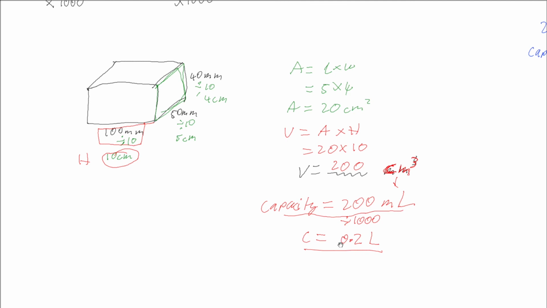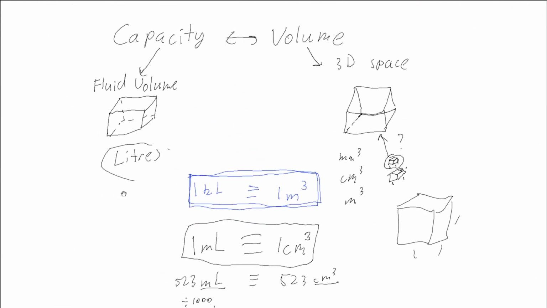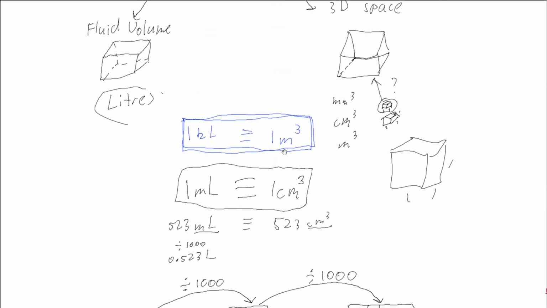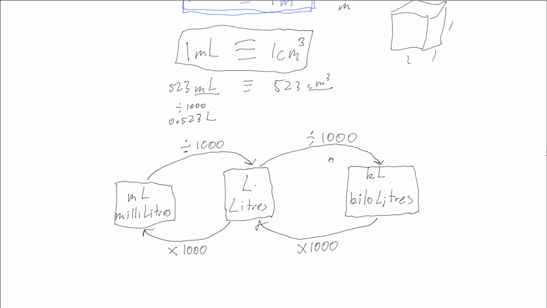So, if you are asked for the capacity of an object, you are wanting to know its value in either liters, milliliters, or kiloliters. And our process for that is first find the volume in either meters cubed or centimeters cubed, use the direct conversion of centimeters cubed to milliliters or meters cubed to kiloliters, and then if you wanted liters, either divide by 1,000 or multiply by 1,000, depending on which way you're going to get it into liters.